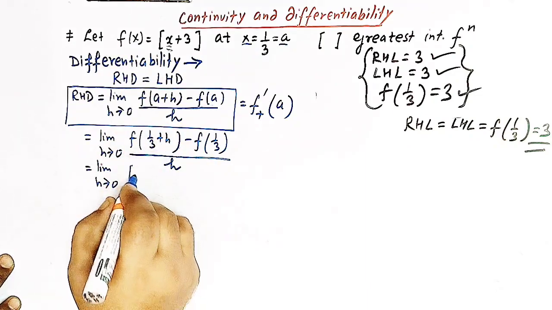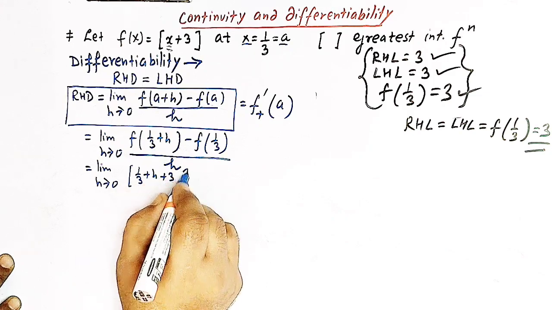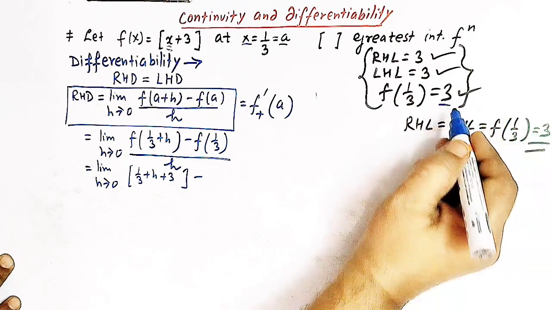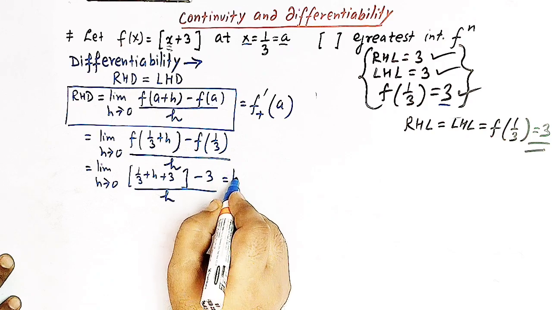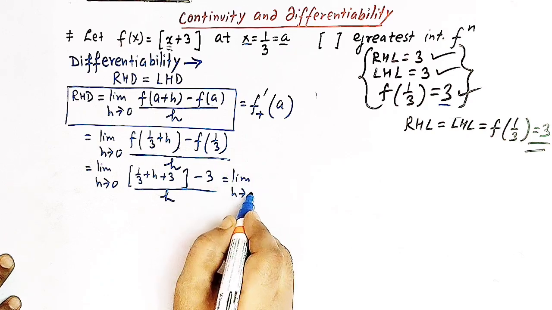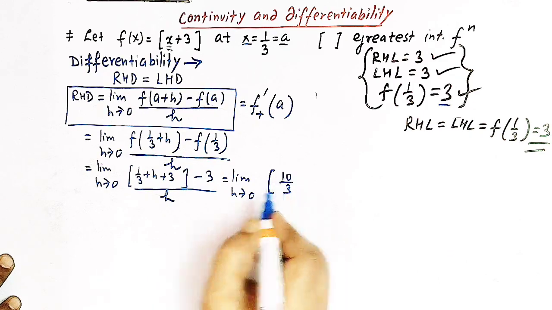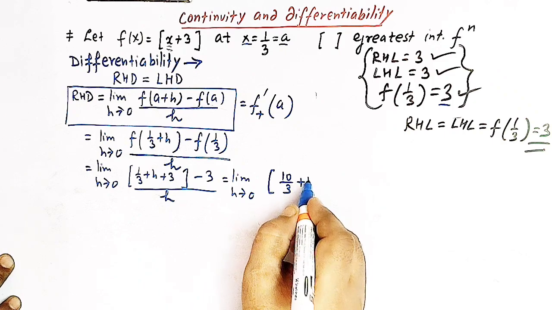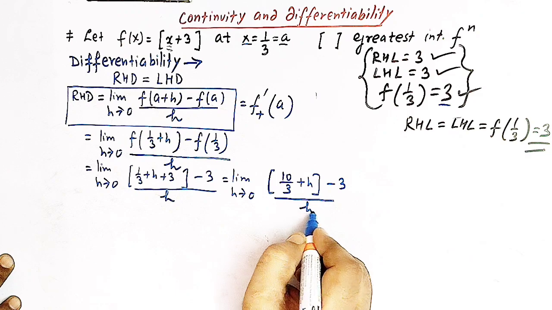So we have greatest integer of (1/3 + h + 3), and here f(1/3) is equal to 3, and here we have h. So now we have limit h tends to 0, and this is greatest integer of 10/3 + h, minus 3, over h.